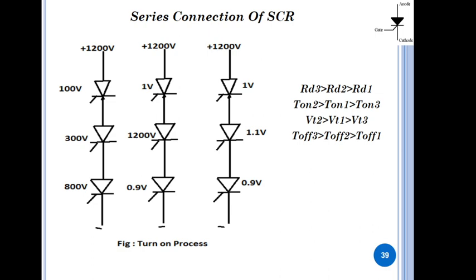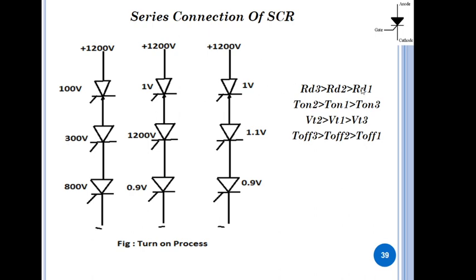In another way, we define that the SCR which has the maximum blocking state resistance will share the maximum voltage. So after RD3, the next blocking state resistance is RD2. SCR2 has the next maximum blocking state resistance, and that's why the second SCR is sharing 300 volt.